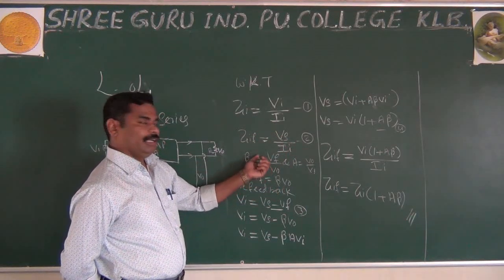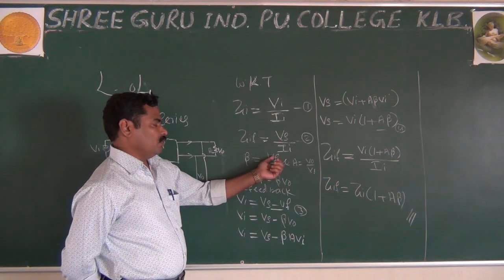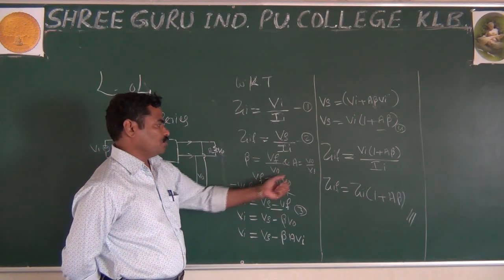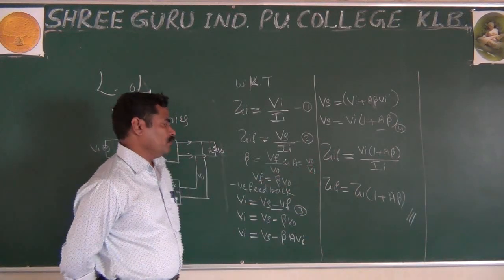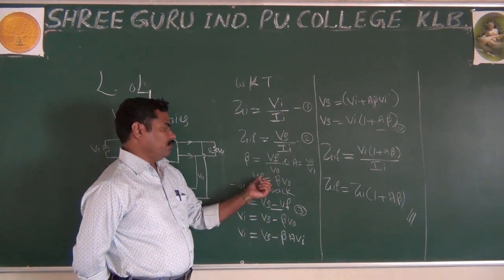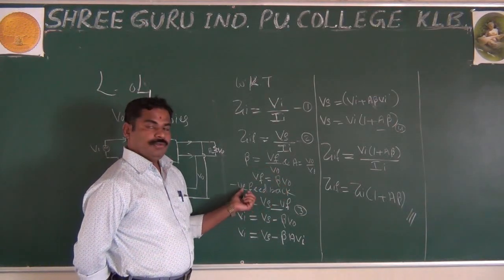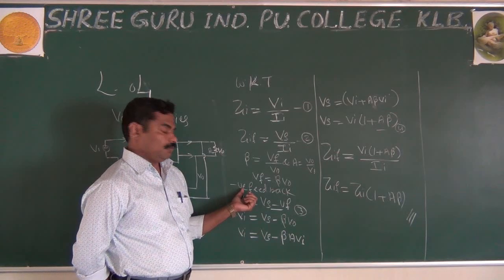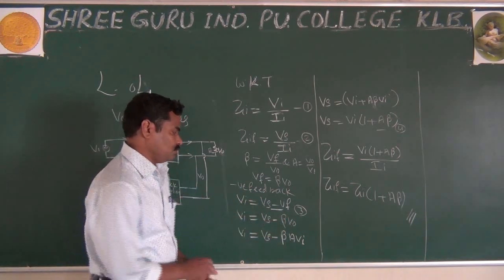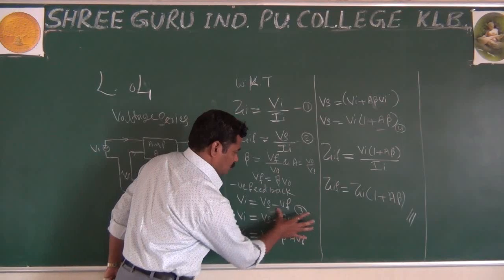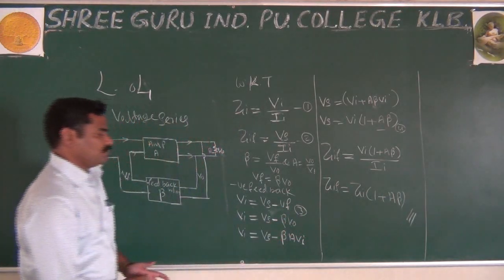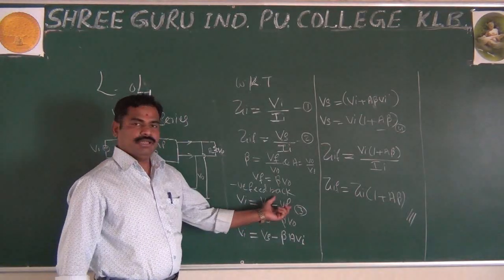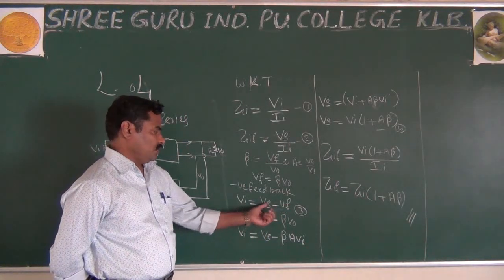Also we know beta, that is feedback voltage to output voltage, and the gain without feedback, that is V0 by Vi. Here we want Vf and beta and V0. If you use negative feedback in an amplifier, what happens? The input voltage decreases, that is Vi = Vs minus Vf.